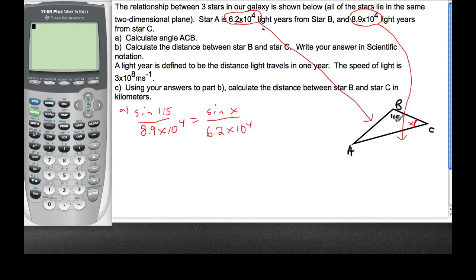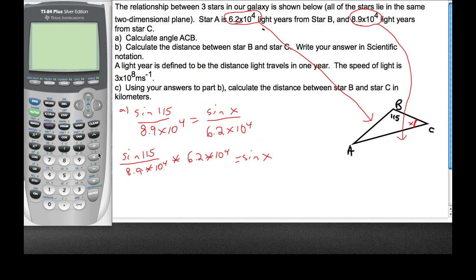Okay, this is what we don't know. Opposite or corresponding side, sorry, is 6.2 times 10 to the 4. All right, now we've got some big numbers, but we'll deal with it using the calculator. We need to multiply both sides by 6.2 times 10 to the 4, and that is sine x.